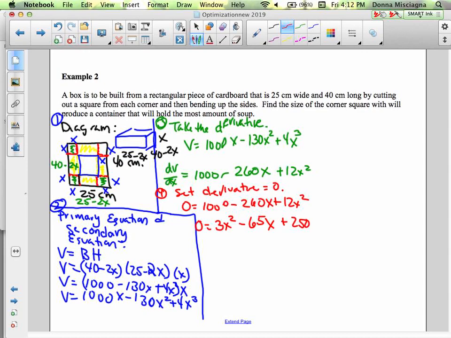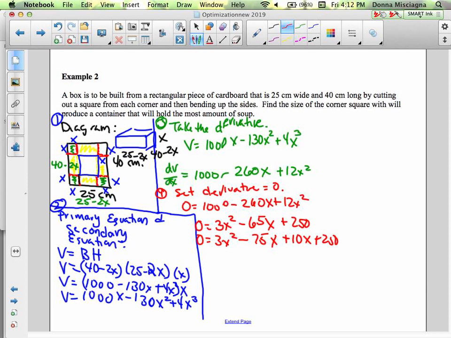It's going to be 0 equals 3x squared, negative 75x and positive 10x? Let me check, see if that works.